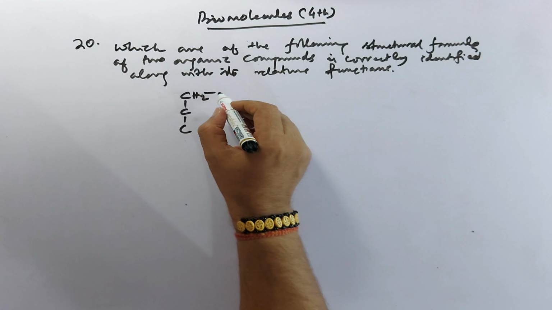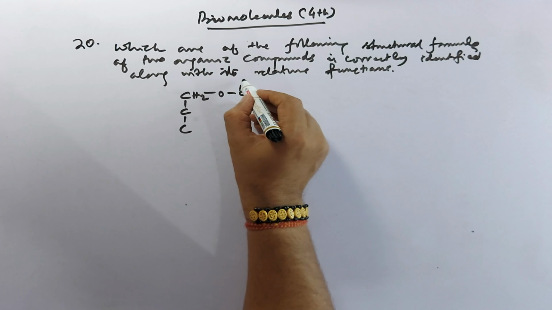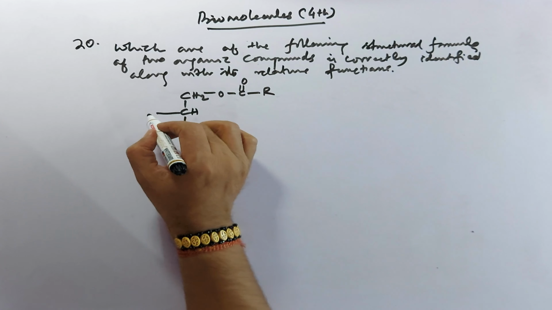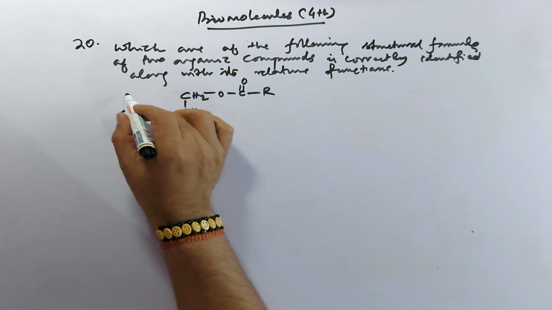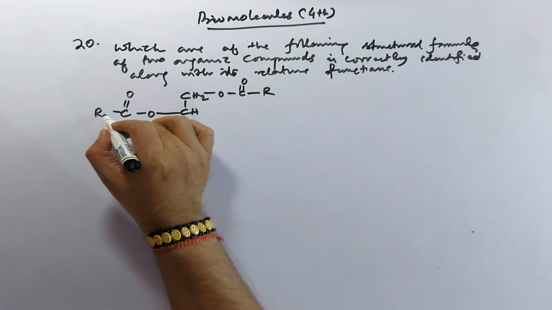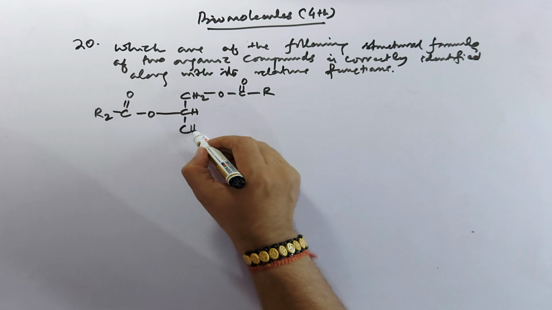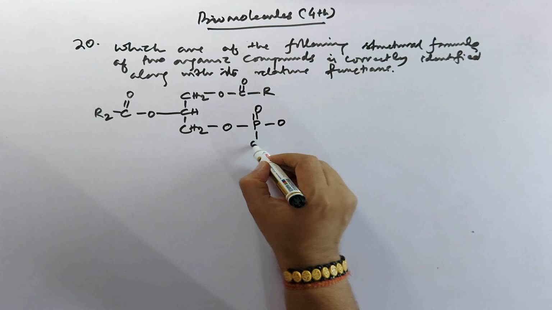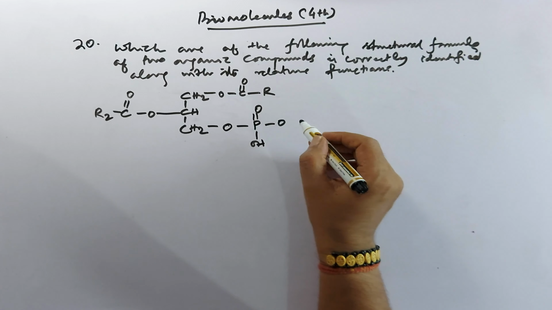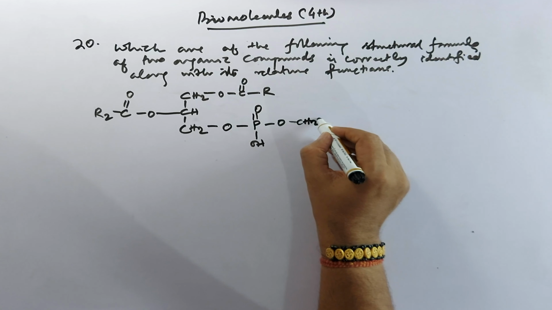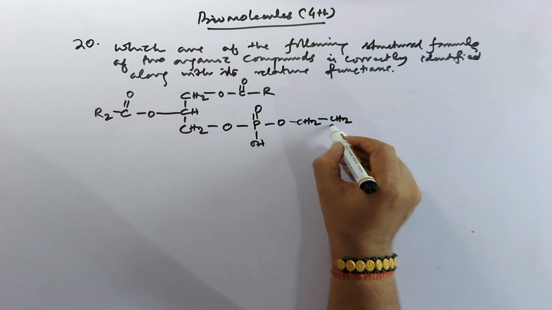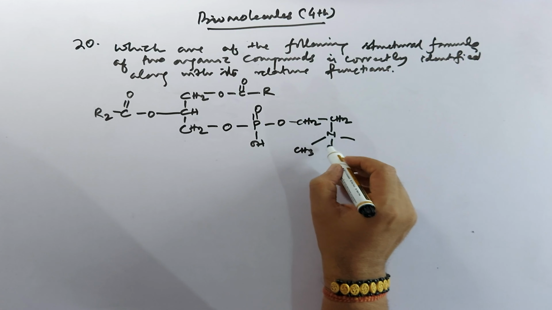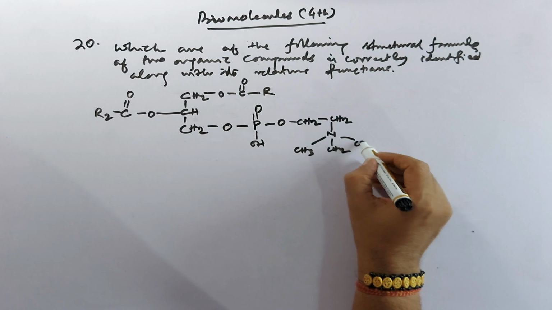This is CH2, O, C, and here this is CH, O, C, this is R2, and here this is CH2, O, P, O, OH, and this is CH2, this is N, CH3, CH2, and CH3.